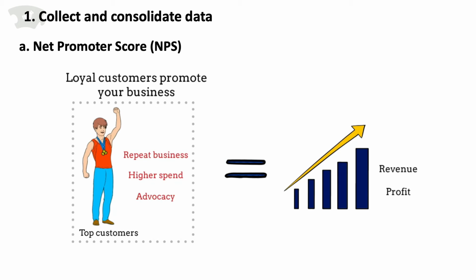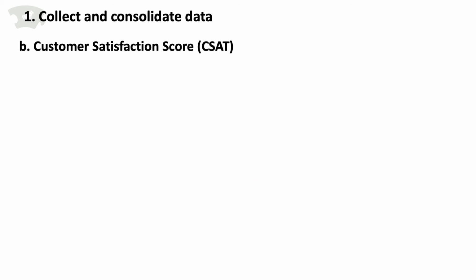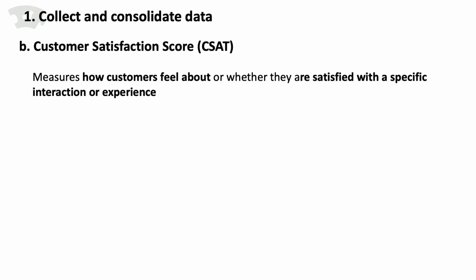The second score is the Customer Satisfaction Score, or CSAT. This is a metric that helps businesses understand how customers feel about a particular interaction or experience. The CSAT is about gauging the customer's feelings, so the questions should be multiple choice to provide an opportunity for the customer to rate the experience or event.